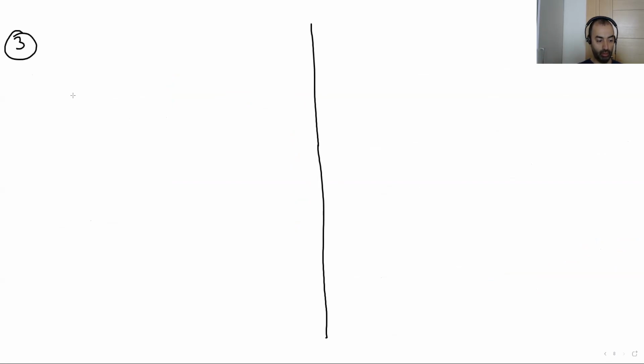Here we have a beam again, like this. The total length of this is 1 meter, and here is A, here is B. At this point, we have a torsional moment, and the section here is a hollow square section, hollow circular section, sorry.